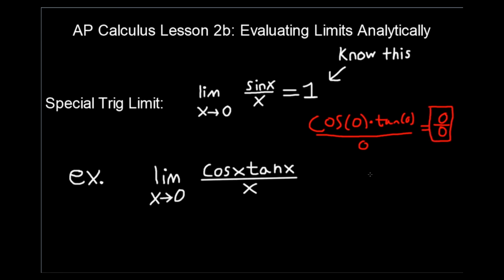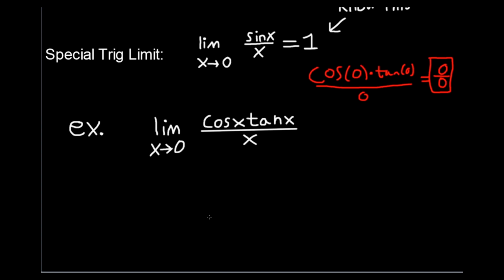So remember that tangent is just sine of x over cosine of x. Since we know that and we don't want to deal with tangent, we can simplify this a little bit. Now we're going to do the limit as x approaches 0 of cosine of x times sine of x over cosine of x, all over our x.